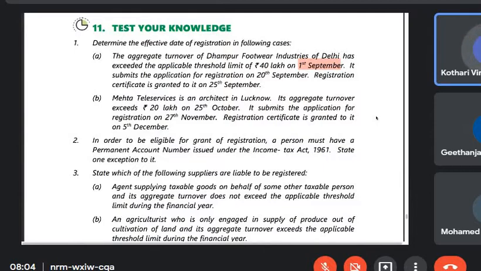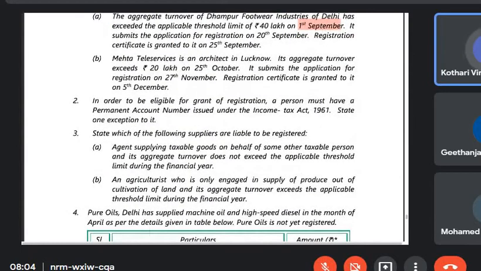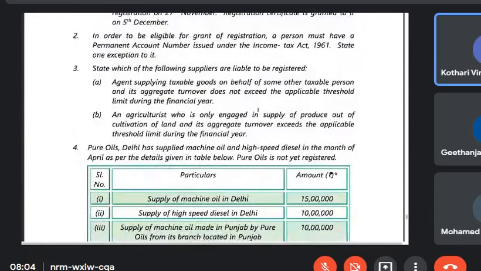But in this case, registration was applied for on 27th November, which is after 30 days. So in this case, what has to be done? Since the registration is applied for after the 30 days, the date of registration is the effective date of registration, that is 5th December. Very good. In order to be ineligible for grant of registration, a person must have known.